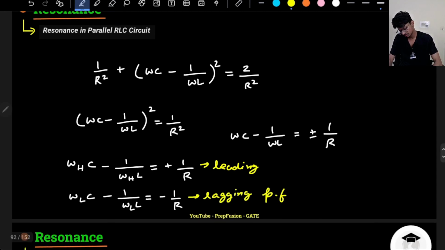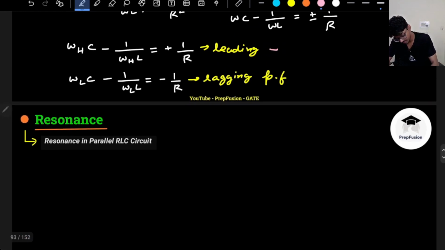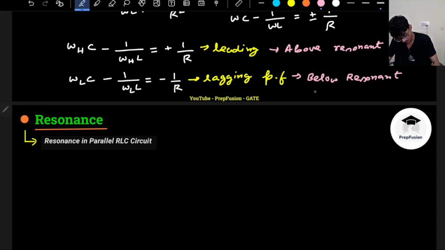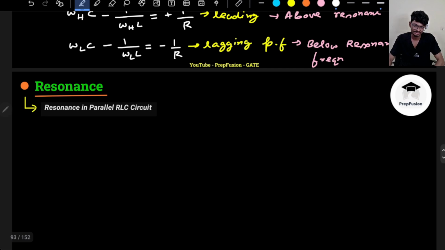Okay, so this is above resonant frequency, and this is below resonant frequency. From here you can directly find out the values of omega H and omega L.